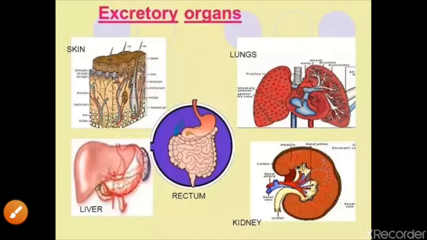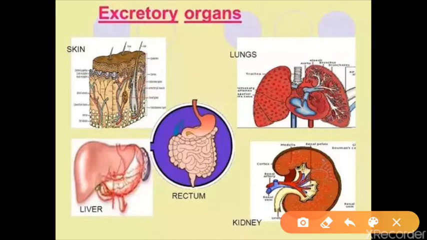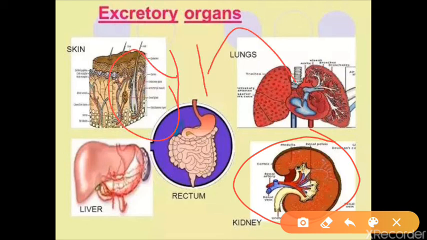So the liver removes urea, the lungs remove CO2, and the skin removes water, urea and extra salts. Now here comes the kidney. In human beings we have a pair of kidneys, one kidney on this side and one kidney on this side. That means we have two kidneys.